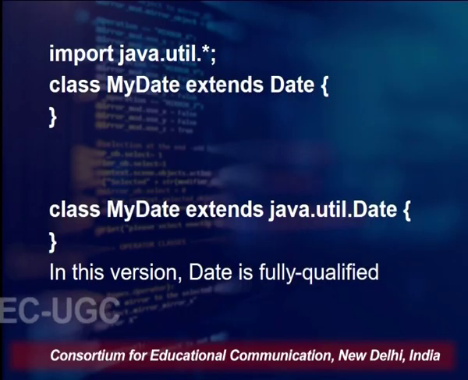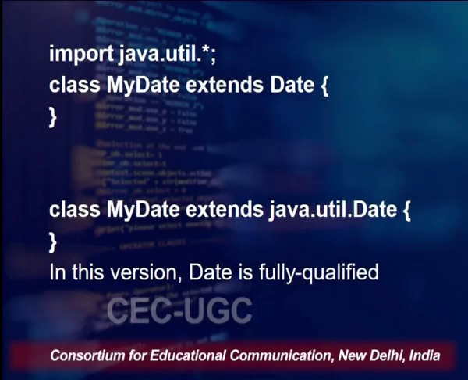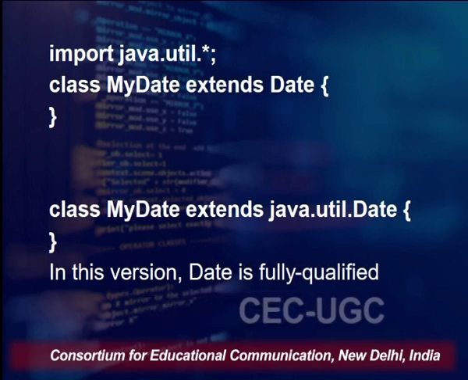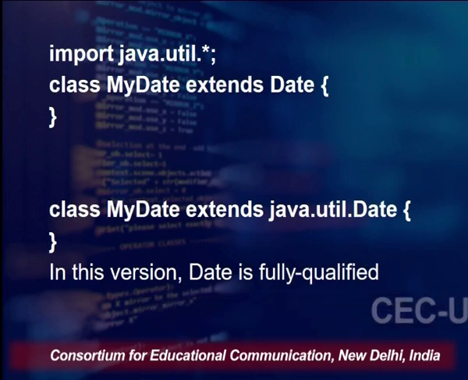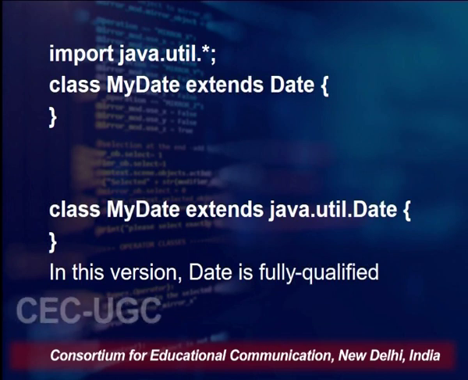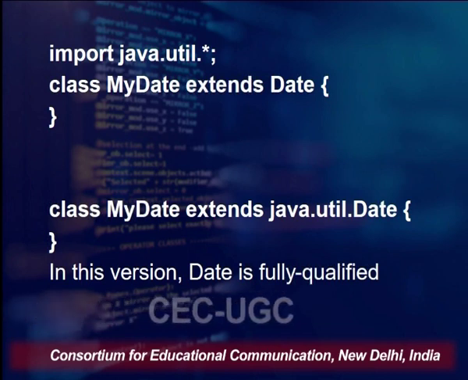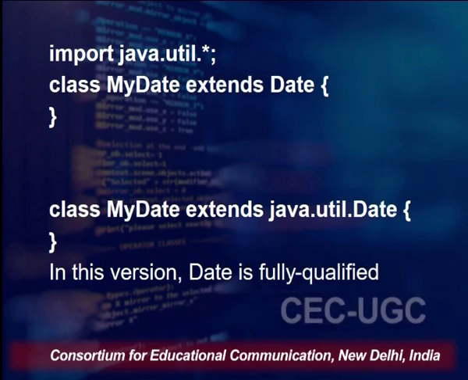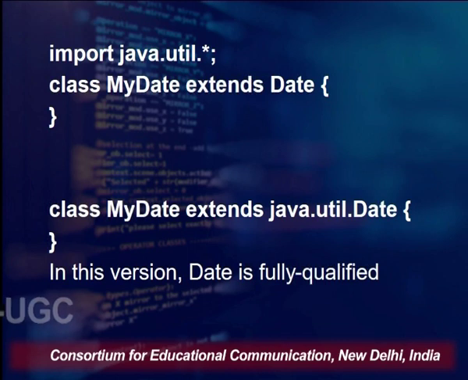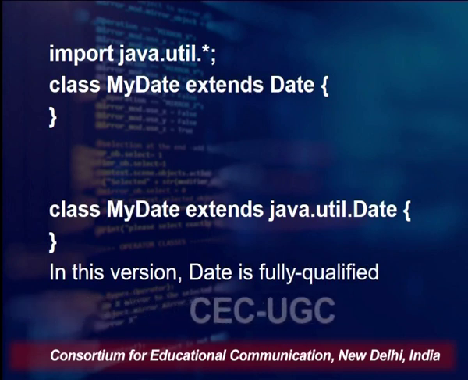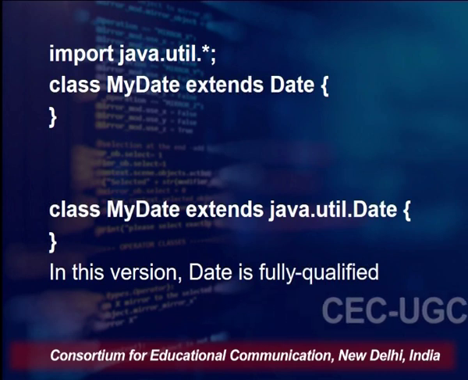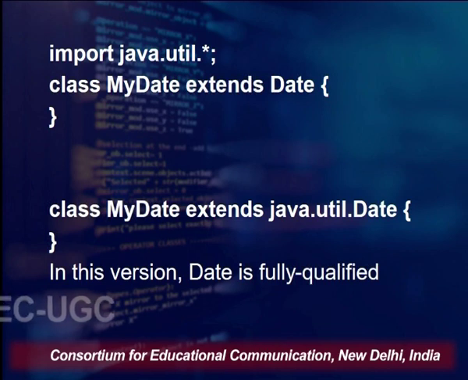Now, let us say we do not want to write this import statement. Another idea, which is the second code snippet given on the screen, says class MyDate extends java.util.Date. In this version you can see that class Date is fully qualified, which here means it has the whole package hierarchy separated by dots before it.